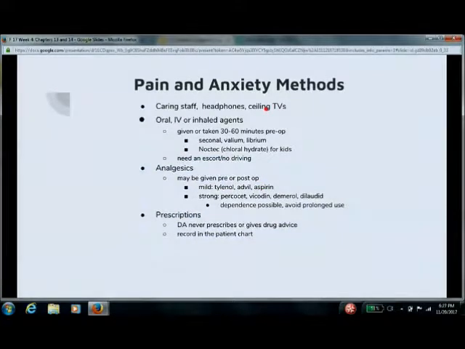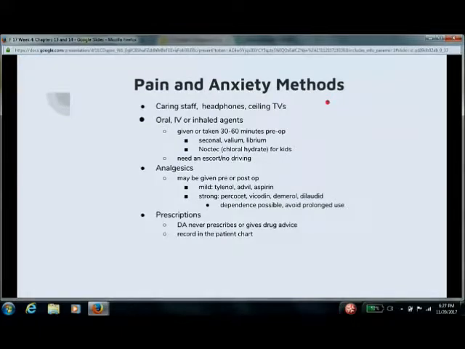So some other pain anxiety methods. We talked about some of the ways that are not medication up top, headphones, TVs. And then one thing that we often do is some oral or inhaled agents. So Valium, Seconal, Librium, these are good things that can sometimes be given about an hour ahead of time.